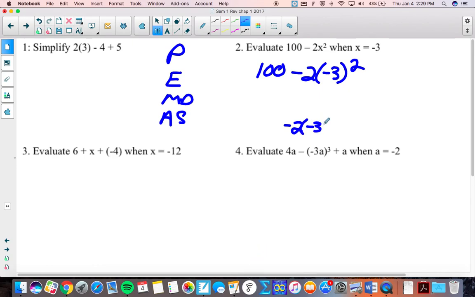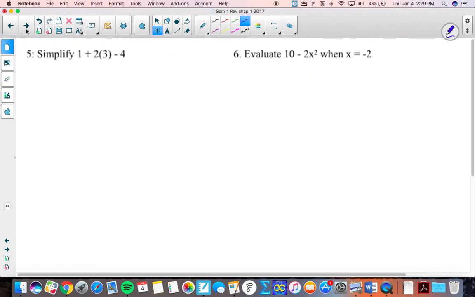Remember, if there's something right next to parentheses without an operation, this means multiplication, which is correct: -2 times -3. Up here, this is -2 times x. Use those parentheses, it'll help you with the rest of the process. I think we'll be all right.